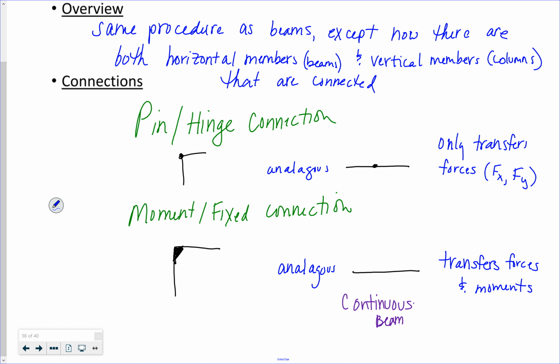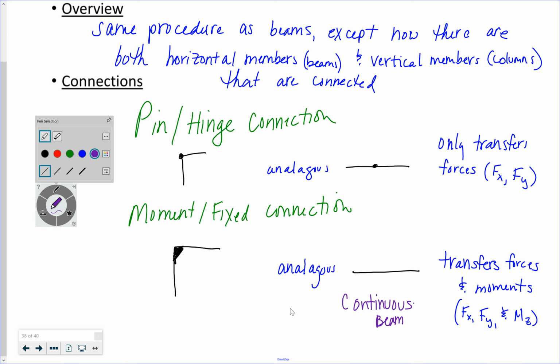Which in 2D is Fx, Fy, and your moment about z, right? Let's make sure to be clear. Fx and Fy for a pin in 2D, and Fx, Fy, and Mz for a moment connection in 2D.